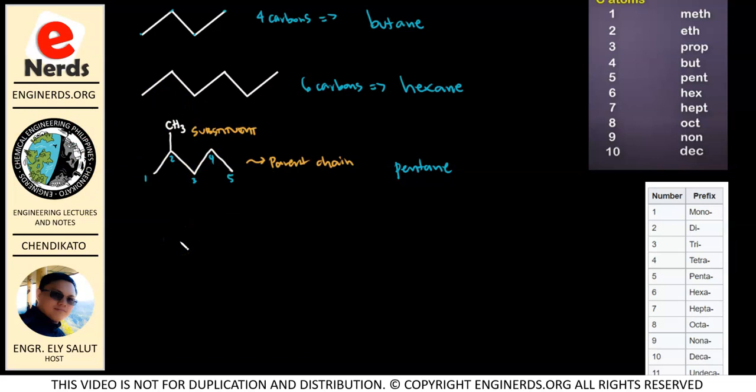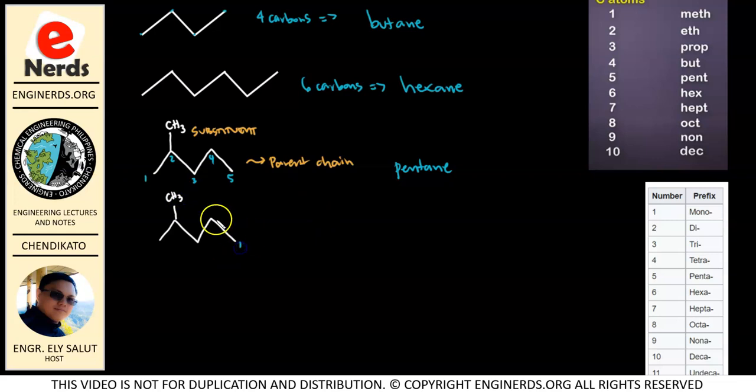How are we going to name this? On this case, it's going to matter if you're going to count from left to right or right to left. So, let me write again this particular structure, no? So, we have this structure. Okay? And we have CH3 there. And now, I'm going to count from right to left.